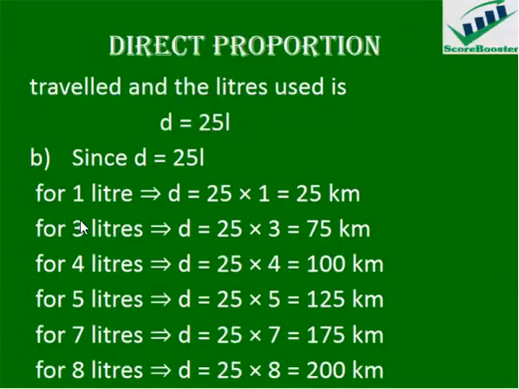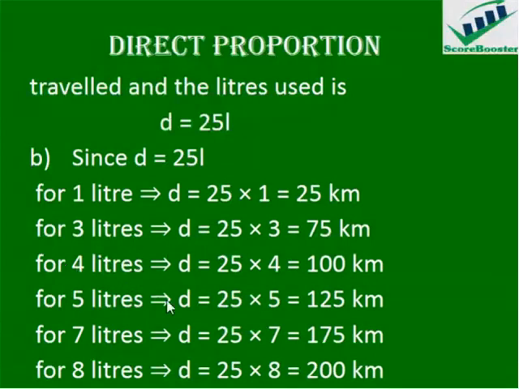So using 1 liter, the car can travel for 25 kilometers. We can see that as the liters of petrol is increasing, the distance covered by the car is also increasing. So we can see here clearly that the distance and the liter are in direct proportion.